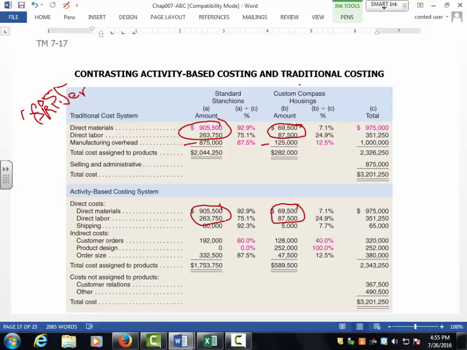Under the activity-based costing, now the numbers change. So instead of this manufacturing overhead being $875, it's going to be these numbers.